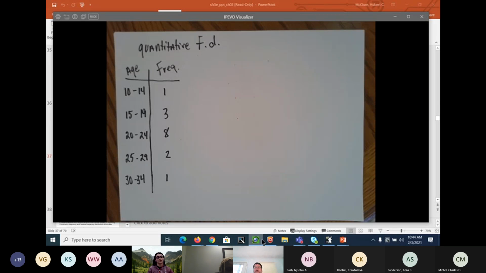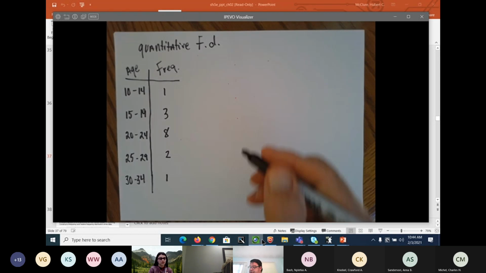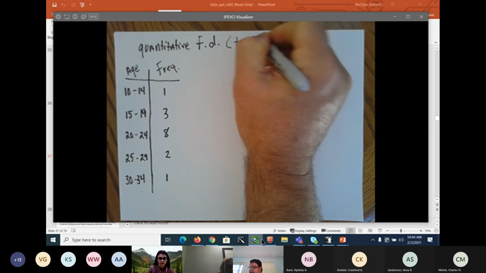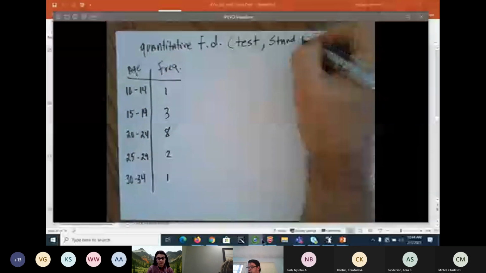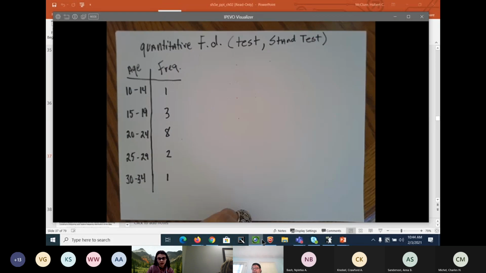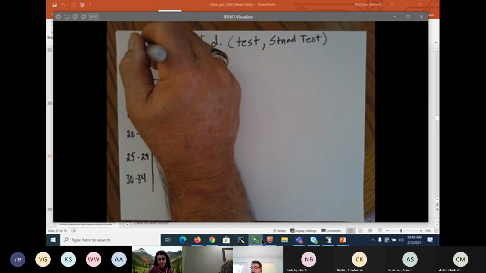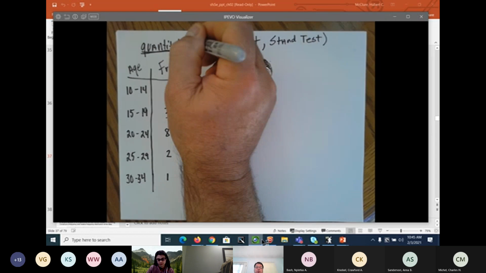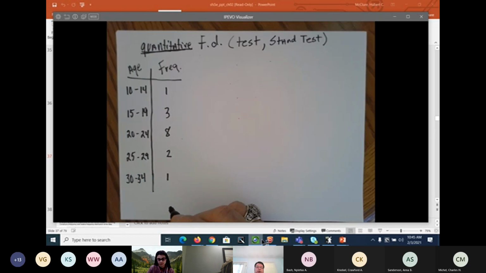Okay, now there are several things that you need to be able to do, and this is testable. I'm going to test you on this on a standardized test. You need to be able to do the following things with this quantitative frequency distribution. Remember, quantitative means mathematical. That's why we haven't done it yet, because all those previous frequency distributions were not quantitative, but what?